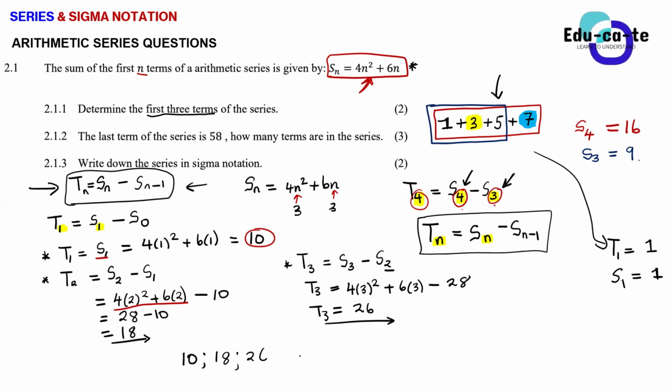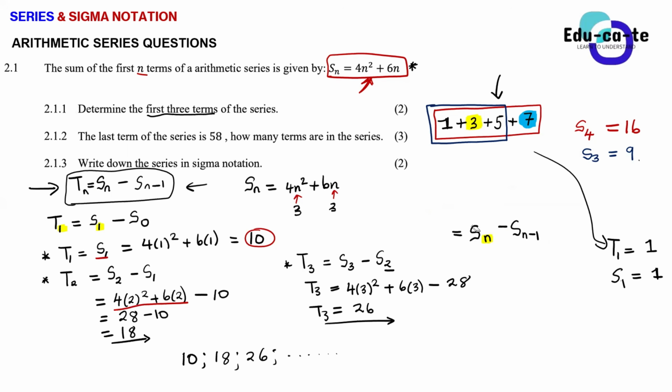And you will see that this is an arithmetic sequence, a series indeed, because they have a common difference, a constant difference, which is 8. So do you guys now understand how this formula works? Yes, sir. All right.